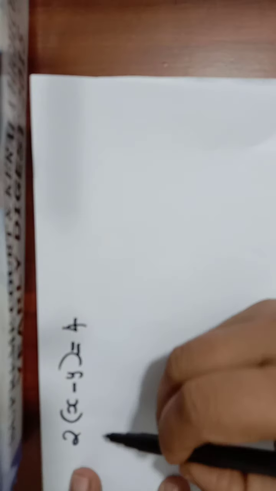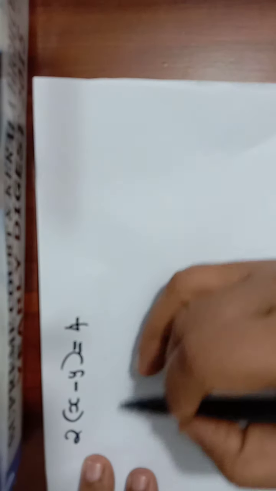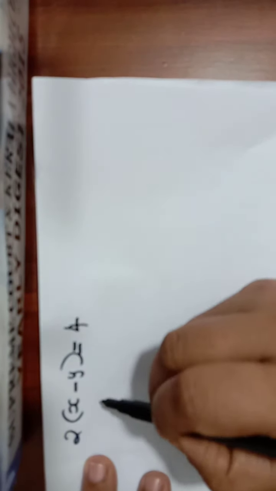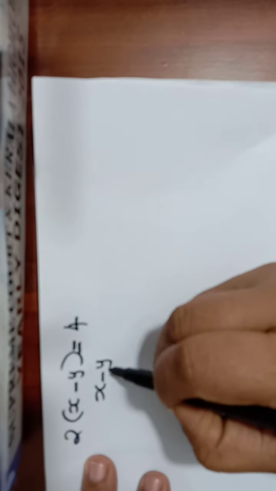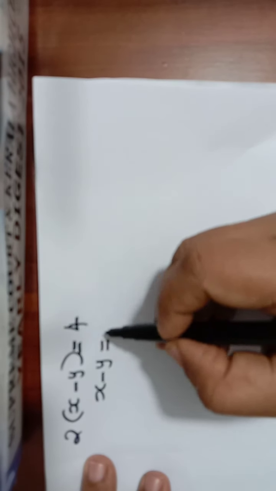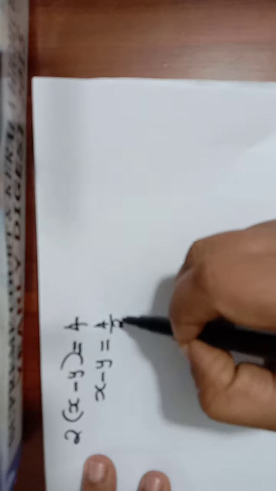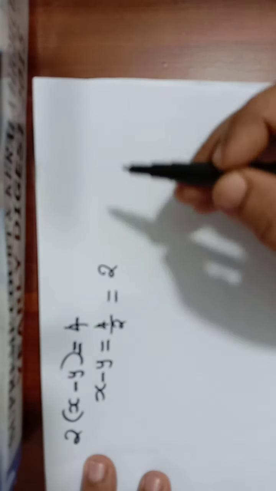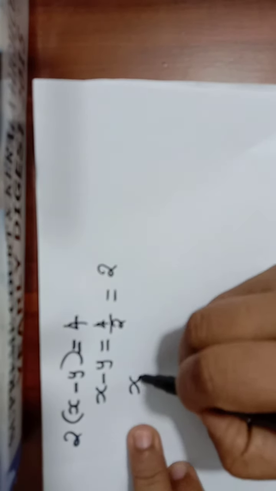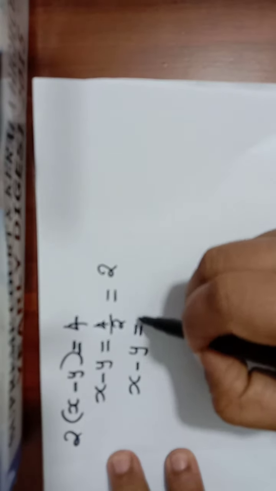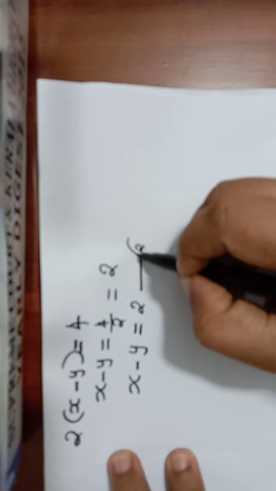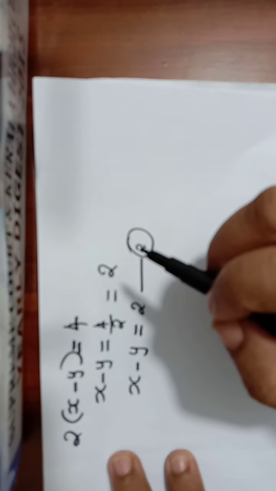Take this 2 to the other side. So simplification, x minus y is equal to 4 divided by 2, which is 2. This is our second equation. x minus y is equal to 2.